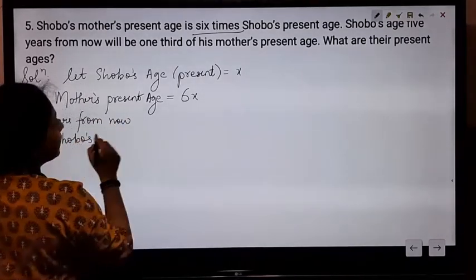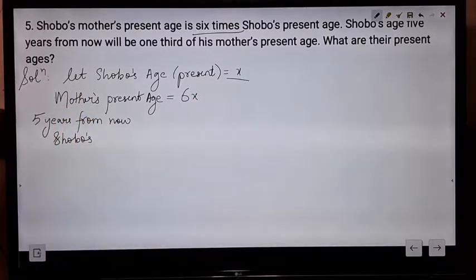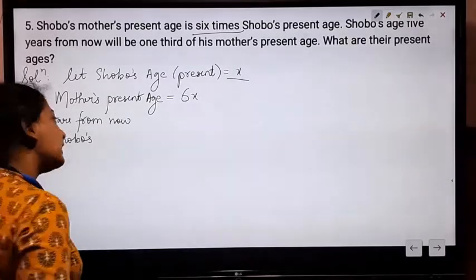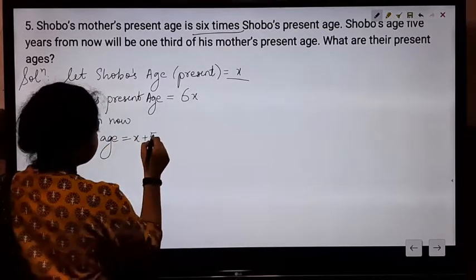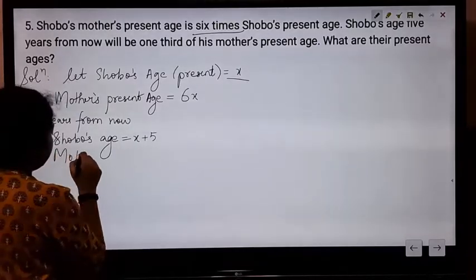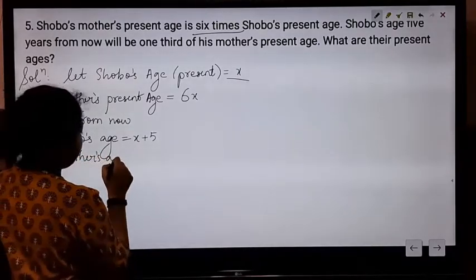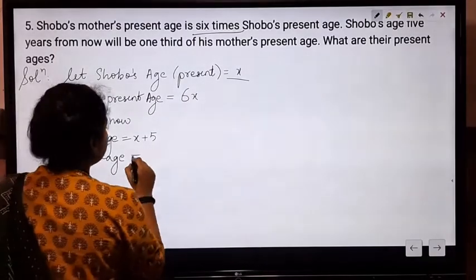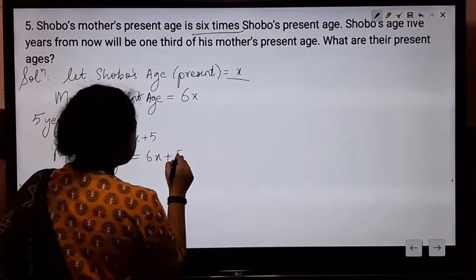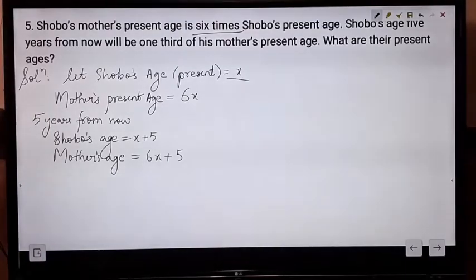If Shobo is x years old today, after 5 years he will be x plus 5 years. Similarly, if his mother's present age is 6x, after 5 years she will be 6x plus 5 years, right?